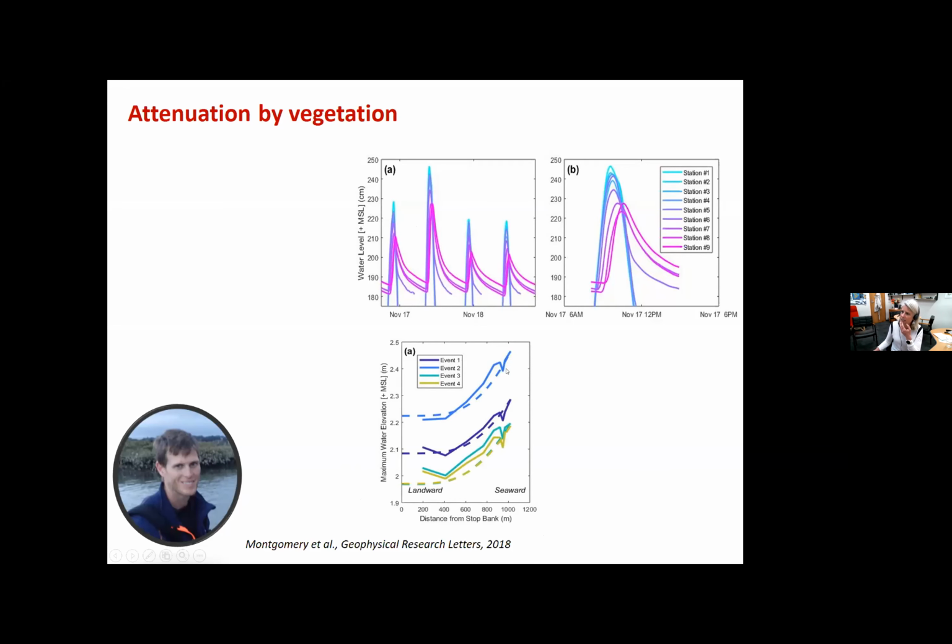And the dashed line showed his model results, and the solid line here shows the water level observations from seaward to landward side. And he got really nice correspondence with that.